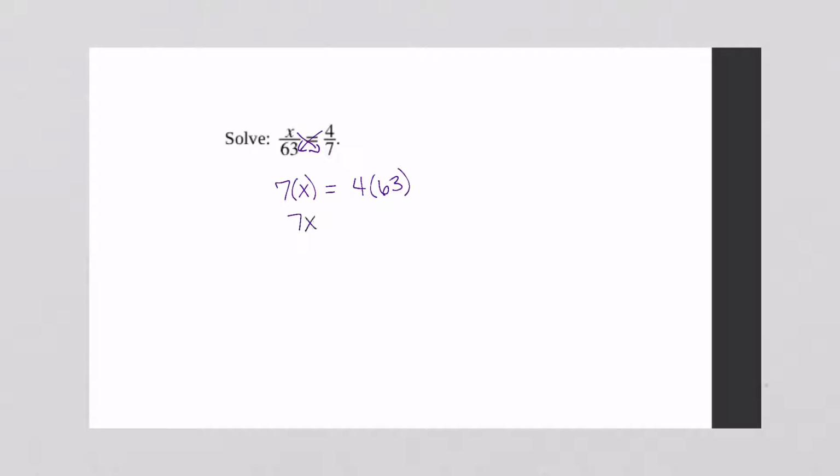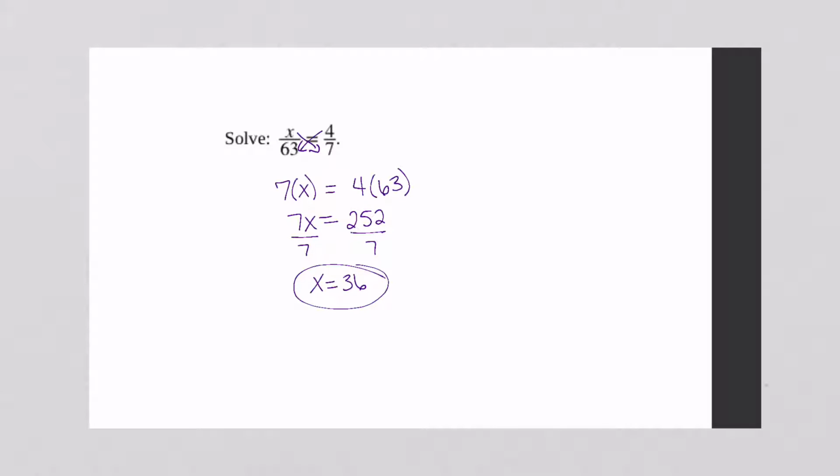So I get 7x is equal to, and I'm going to do 4 times 63 on my calculator, 252. Now you have to look at that and ask yourself, what do I do to solve for x? And I divide both sides by 7. 252 divided by 7 is 36. x is equal to 36.